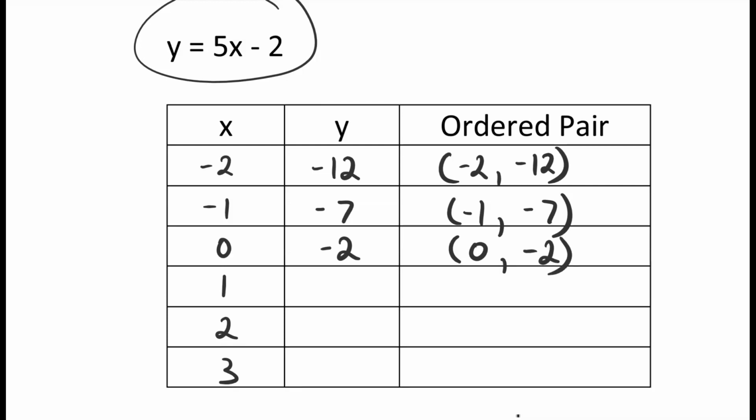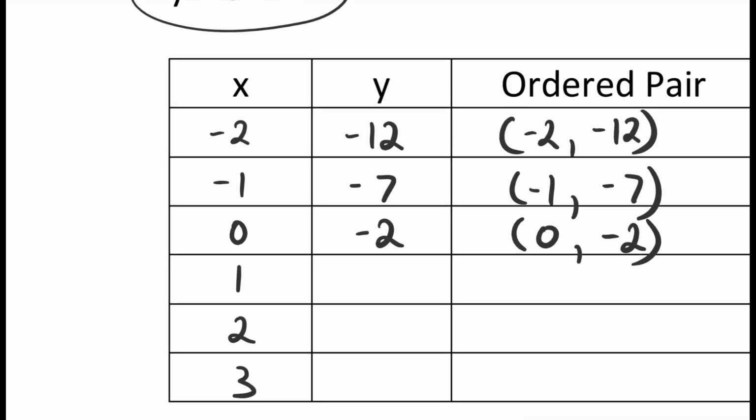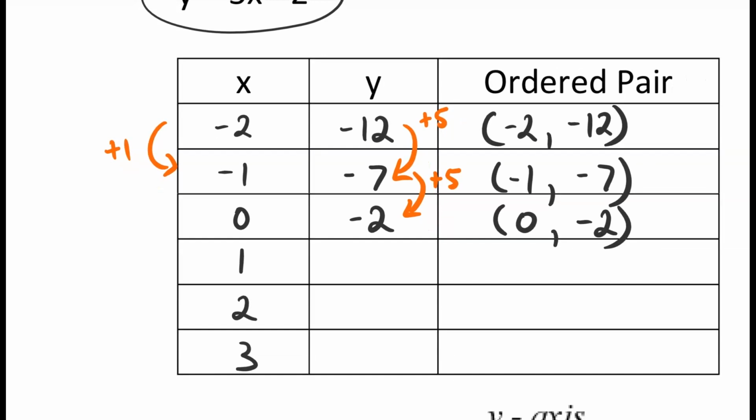Now, what do we notice here? Well, our change here is increasing by 1 every time because we chose that. What do we notice here? Well, we went from negative 12 to negative 7, so we had an increase of plus 5. Was that the same here? Yes, it was. So we increased by 5 every time, so that means the values below are going to follow the same pattern.